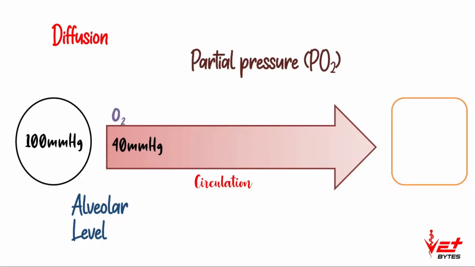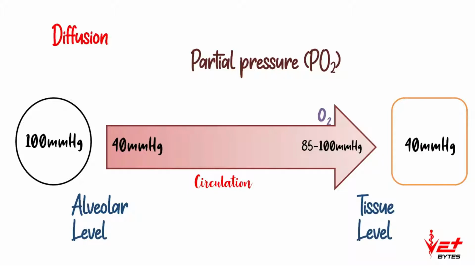When the oxygen flows from the alveoli into the blood vessel, the partial pressure increases to 85 to 100 mm of mercury. At the tissue level, the partial pressure of oxygen is 40 mm mercury. This difference in the partial pressure between the blood vessel and the tissue causes the flow of oxygen from the blood into the tissues.